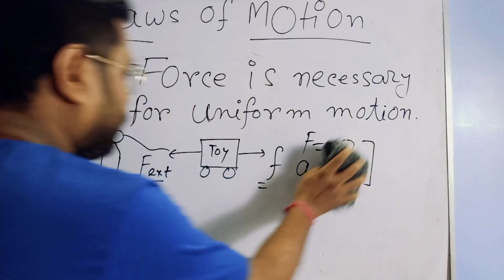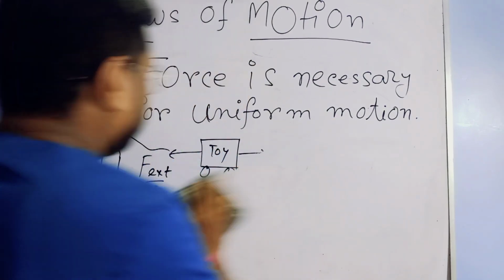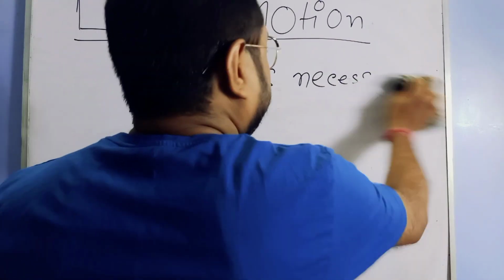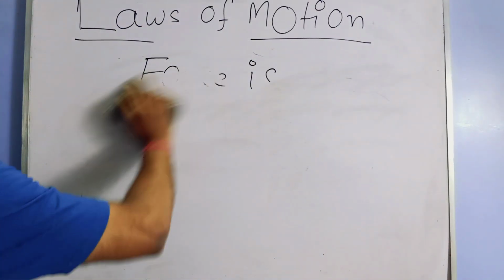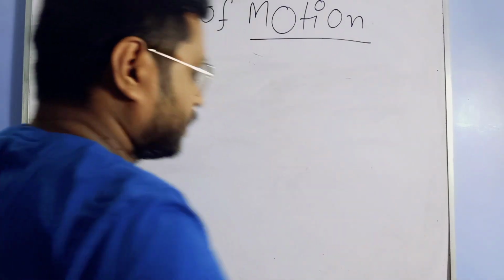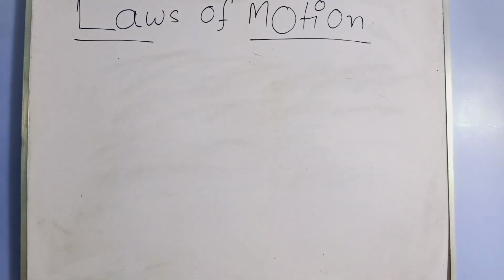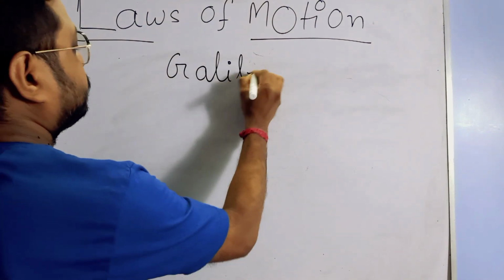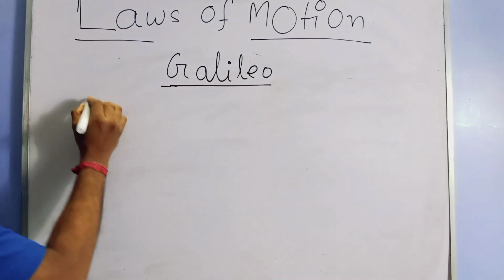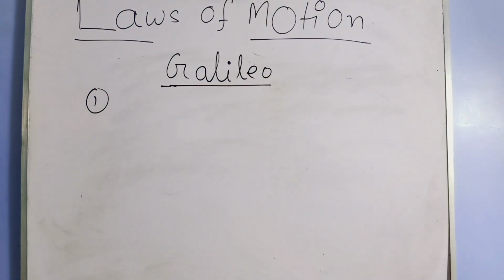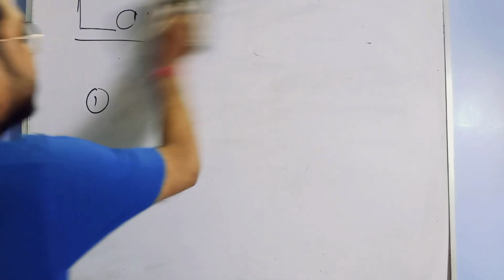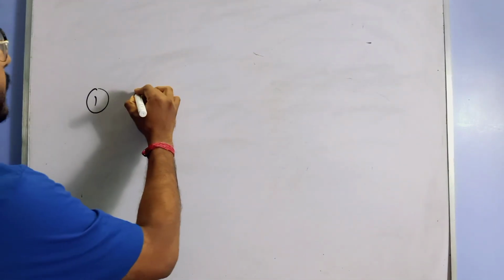Now, how can it be derived? After the failure of Aristotle's theory, a great scientist, Galileo Galilei, derived it from an experiment. He said that there are three cases.